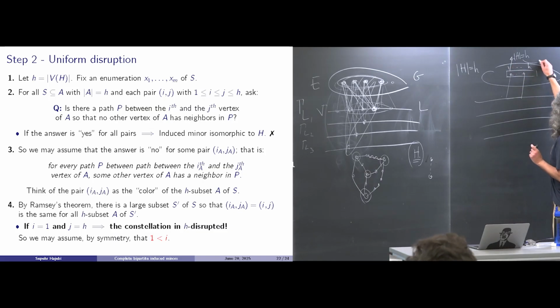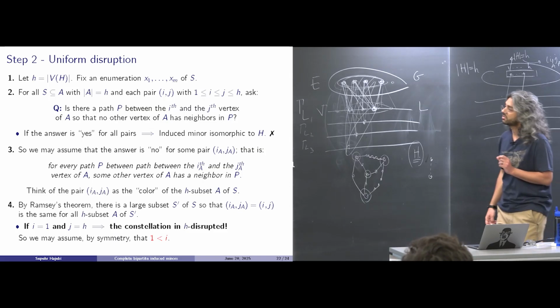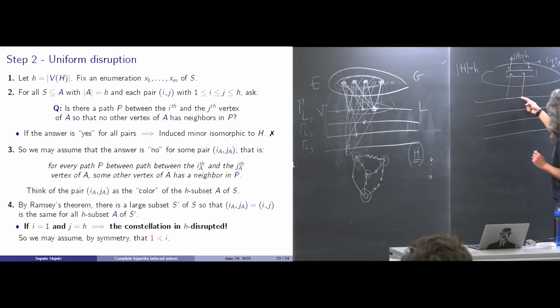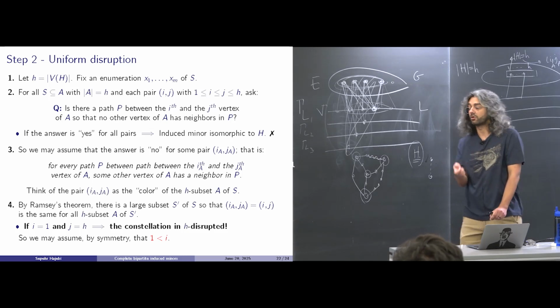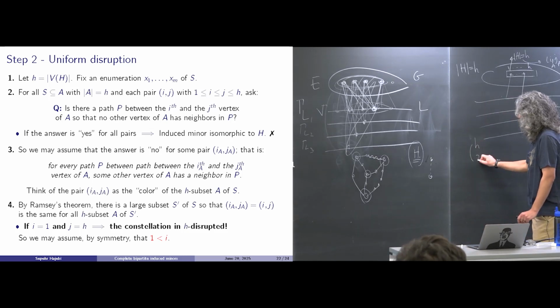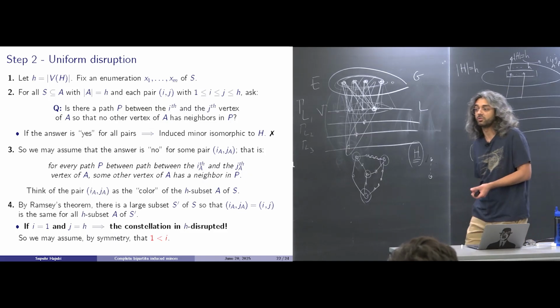So there are these two positions i and j, which I'm going to associate with this set A, both coming from the set of numbers from 1 up to h, such that every path between the ith vertex and the jth vertex contains a neighbor of somebody else in this set A. I'm going to color that set A with that pair of numbers, and there are only, I don't know, h choose 2 different colors that I'm using.